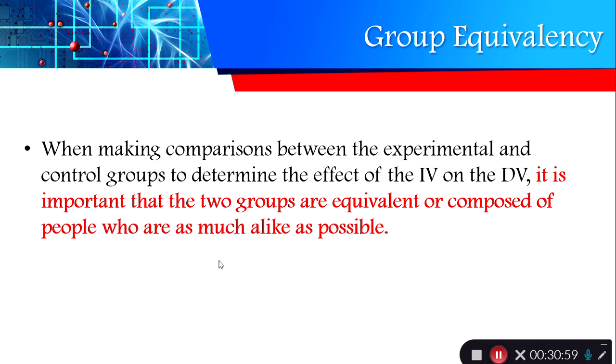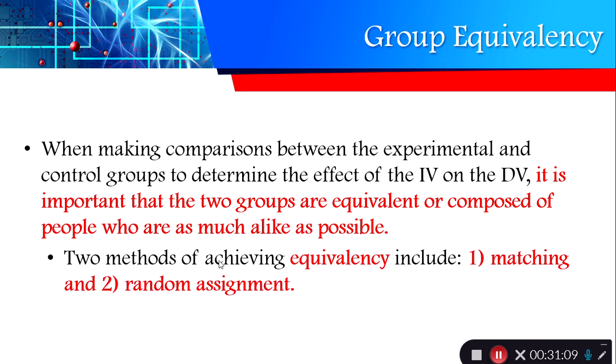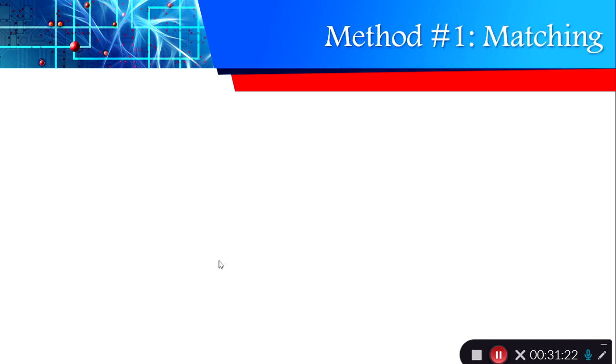Okay, so we want the characteristics between our experimental group and our control group to be as identical as possible. There are two methods that your text discusses with regard to ways that we can go about achieving group equivalency. The two methods are matching and random assignment.